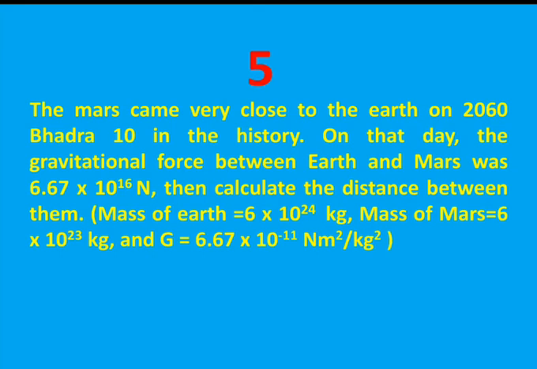Mass of Earth equals 6 × 10^24 kilogram. Mass of Mars equals 6 × 10^23 kilogram. And capital G equals 6.67 × 10^-11 Newton meter square per kg square.